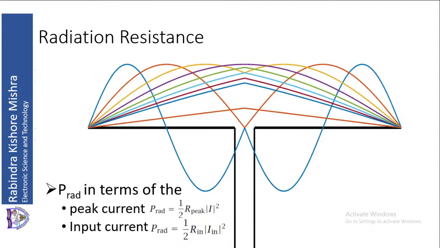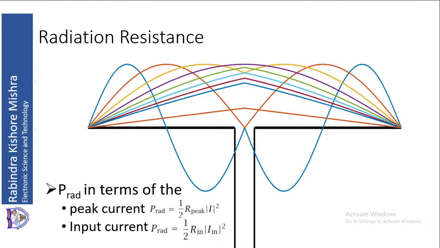Similarly, in terms of the input current, the radiated power P rad is equal to 1 by 2 R in into I in square. R in is the input resistance, I in is the current at the input.